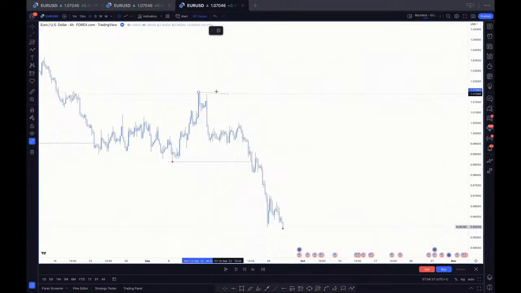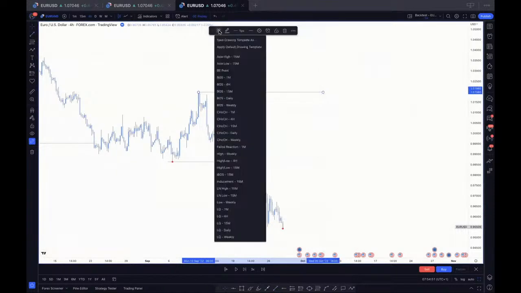Then I hold Shift, and it makes sure it's a straight line when I'm drawing. If you don't hold Shift, you can see it will just be dancing around, but if you hold Shift, it makes sure it's a straight line. So I'll draw this like this, and then I'll choose this as my swing high, right?